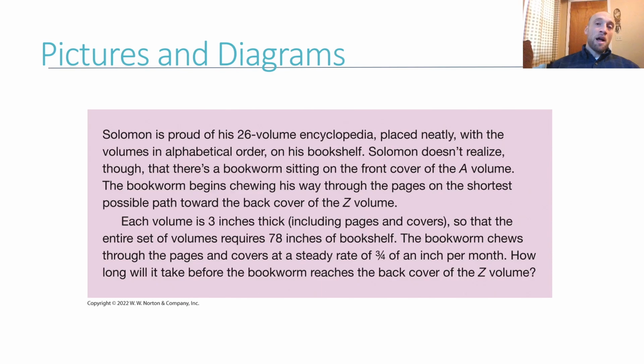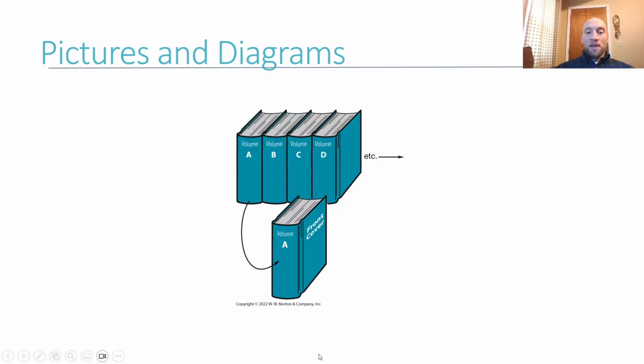But the trick of this problem is you don't count the A volume and you don't count the Z volume. And the reason is, if you think about where the bookworm is, the bookworm is on the front cover of the book of A, so he doesn't need to go through volume A. Likewise, the back cover is back here.